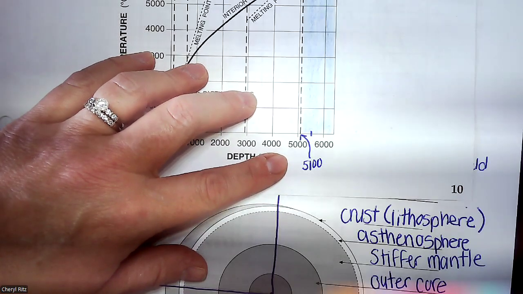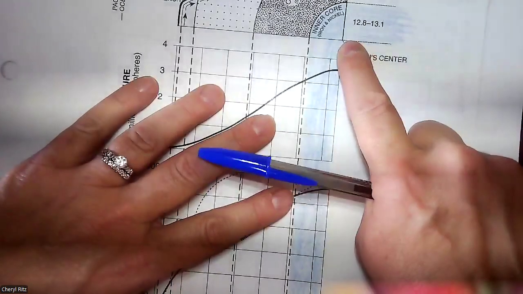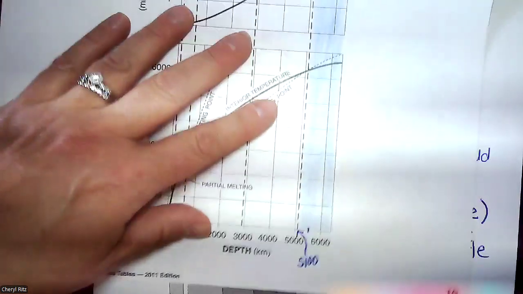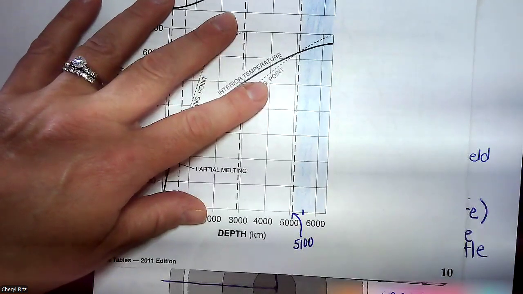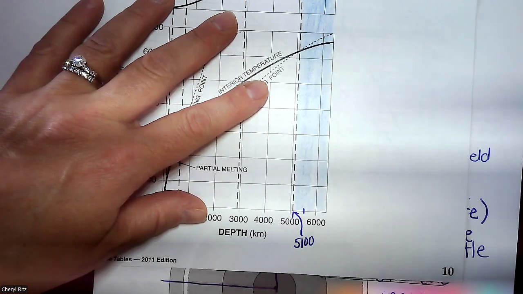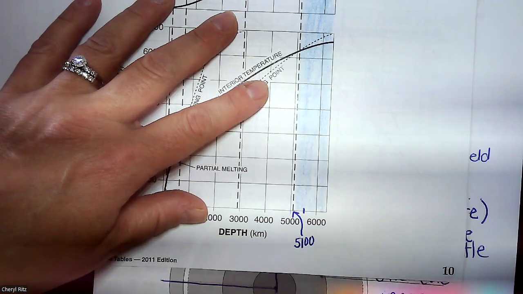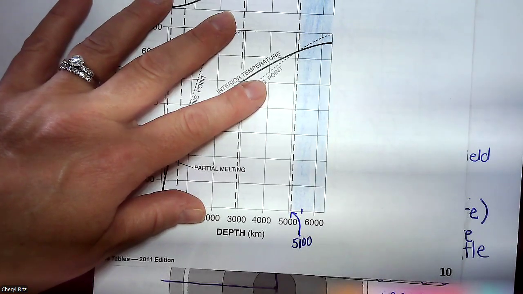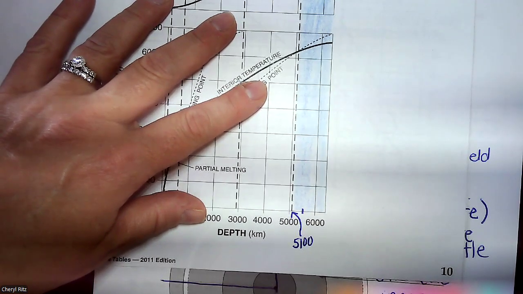How about the center of the earth? Here's the center of the earth. What would you call that depth? 400, 300, 300. Is it 6,000? Do you think that that's a whole half a box? Would that be 6,500? No, I agree with that as well.